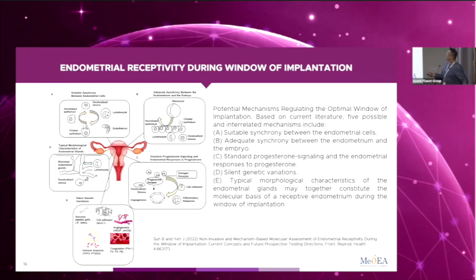And essentially, we have to talk about all these little biomolecular mechanisms that I hope all of you can understand, because these are the mechanisms that we're thinking about that regulate the optimal window of implantation. So optimal implantation means basically the endometrium lining here, whatever molecules are happening, all the way from a synchrony between your endometrial cells coming together, working with your lymphocytes and your immune system, and the various cells coming together, getting ready for implantation.